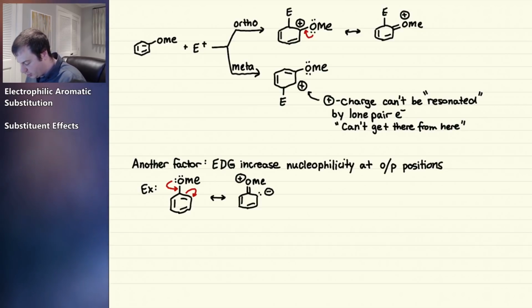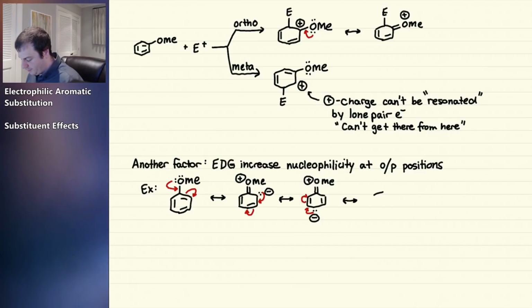We can draw another resonance structure. Now we move that lone pair next to pi bond, can move it to the para position. And we can also move it again to the other ortho position. There's two ortho positions.